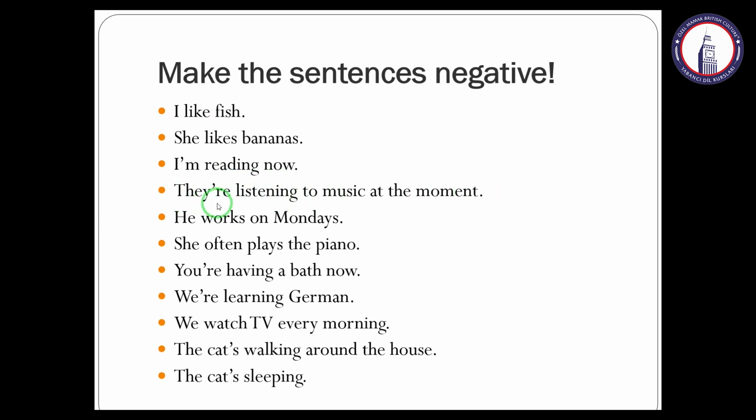So you can check all these sentences and change them to negative form, and if there is a question you can contact us and ask us if there is any problem. We are here to help you. So this is the difference between simple present and present continuous and negative form.